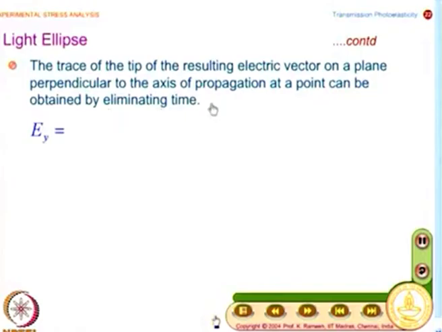I have already mentioned that for you to carry on with photoelasticity, you need to brush up your trigonometric identities. We will use several of them. Even for this development, we will use a trigonometric identity and simplify the set of expressions. I will give you the clue. You have the expression for Ey, and that has a phase alpha 2, and I said in photoelasticity we are interested only in the relative phase difference. So, write that in terms of delta and alpha 1, and you can simplify it. Take 2 minutes of your time and do it.